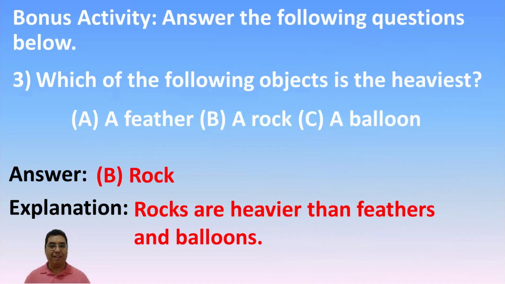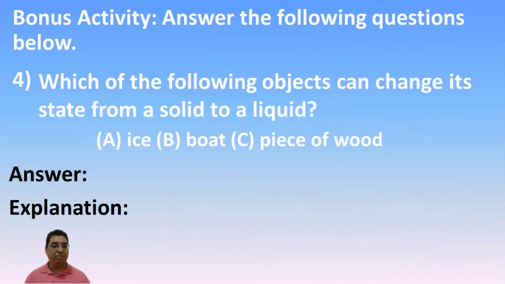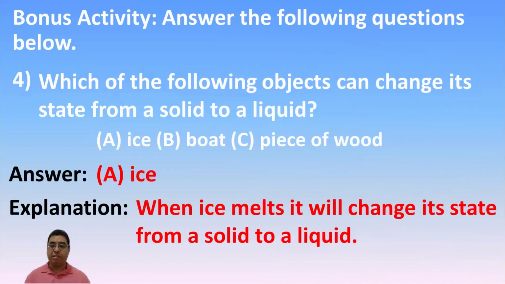So don't forget that. Number 4, which of the following objects can change its state from a solid to a liquid? A, ice, B, boat, or C, piece of wood? That's right, it's going to be A, ice. And again, when ice melts, it will change its state from a solid to a liquid.